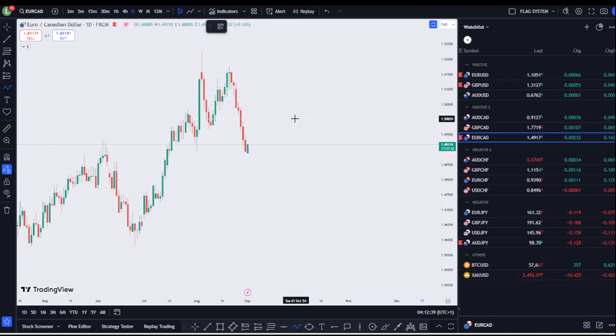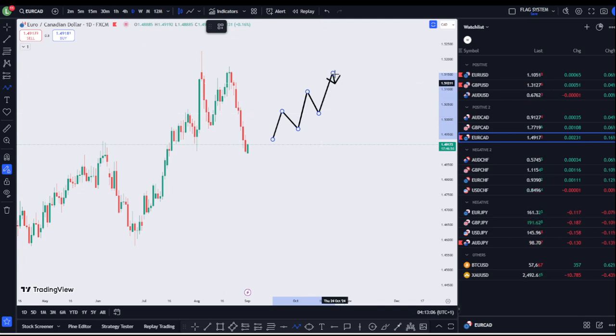Now, on the daily time frame of Euro CAD, you can see the structure of the market was bullish before, whereby price was forming higher high, higher low, higher high, higher low, then higher high. Remember, the rule says that the recent higher low must not be taken out.